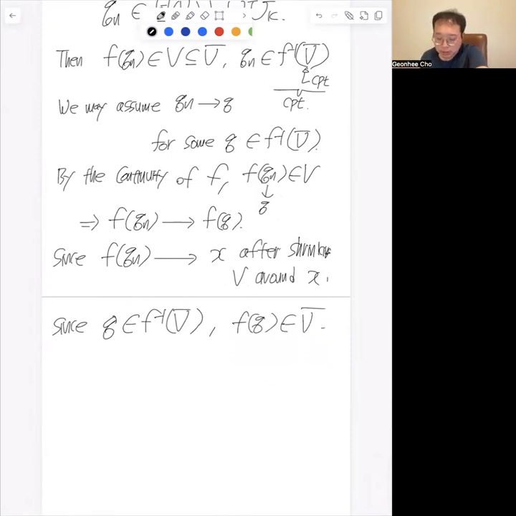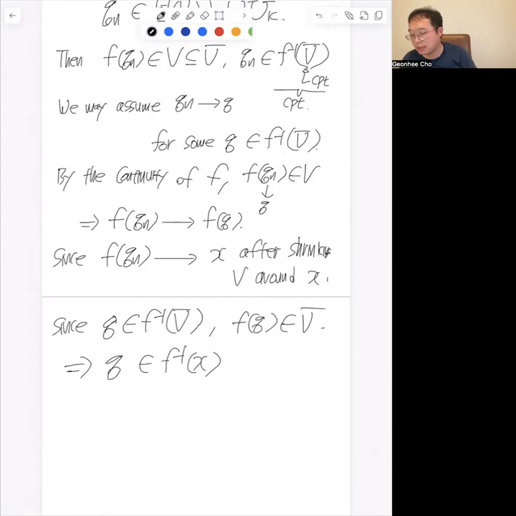In particular, since V was already chosen as a neighborhood of x inside of the evenly covered region V naught, the only possible point over x must be one of the p sub i. So here we can say this Q must be a point of F inverse of x.